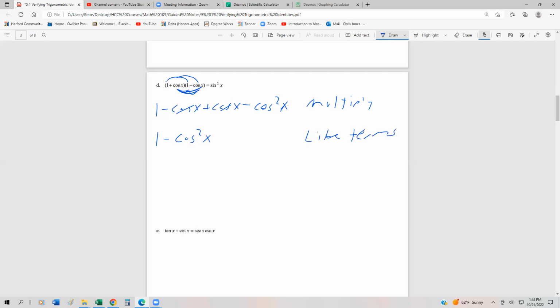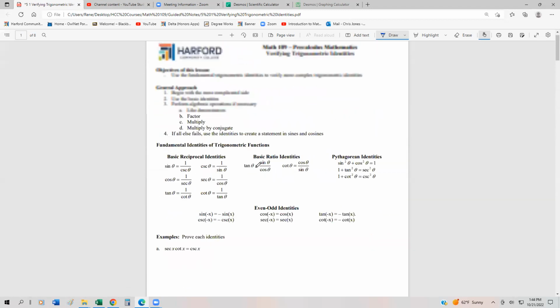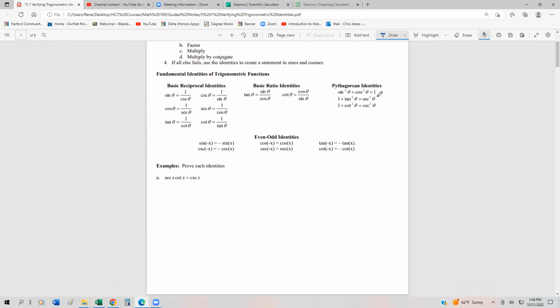And then finally, if we go all the way back up, we can see that 1 minus cos squared is a Pythagorean identity. This is something that we talked about when we first introduced the Pythagorean identities: sometimes you just have to move one of the terms to the other side. So if I subtract cos squared, we can see that sine squared of theta equals 1 minus cos squared of theta.